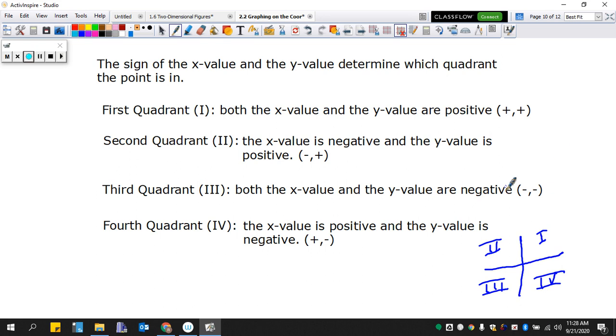So you have double negatives here. And then in quadrant 4, your x value is going to be a positive number and your y value is going to be a negative number. Okay, so in this case, pause the video and copy these rules down.